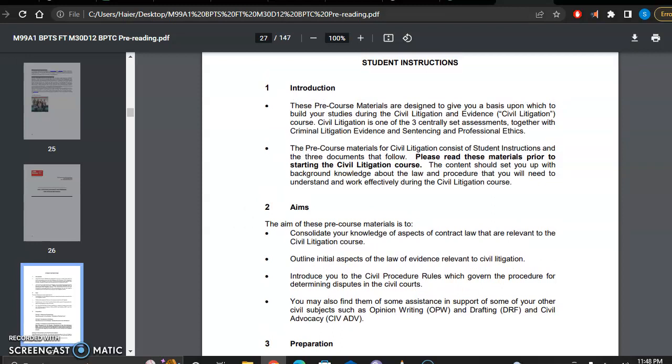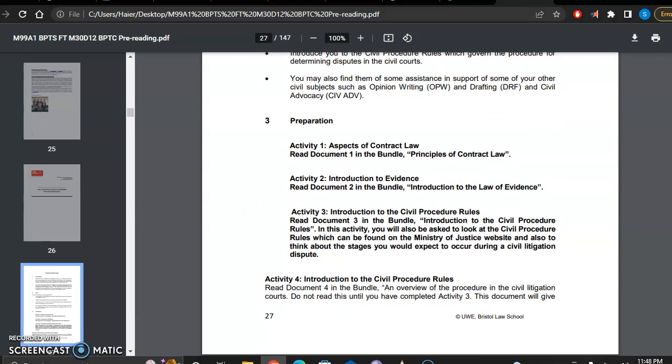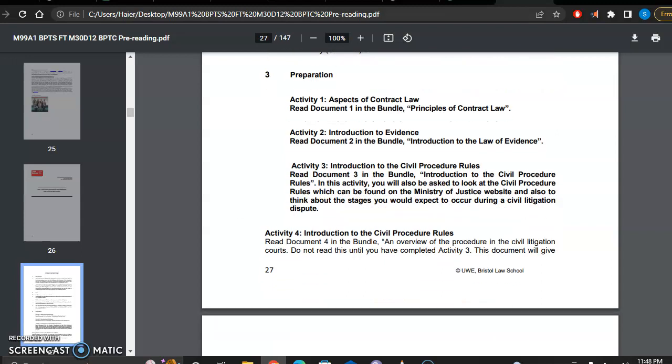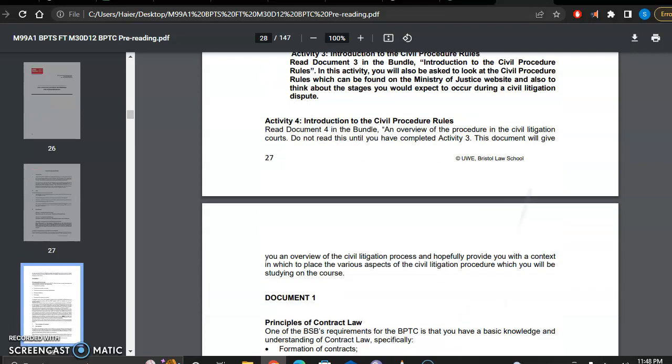So, these are the aims of the civil litigation: to give you the idea of contract law, introductory evidence, and basic civil procedure rules.